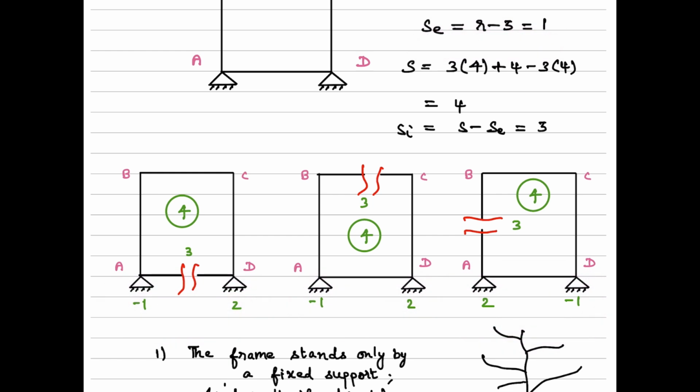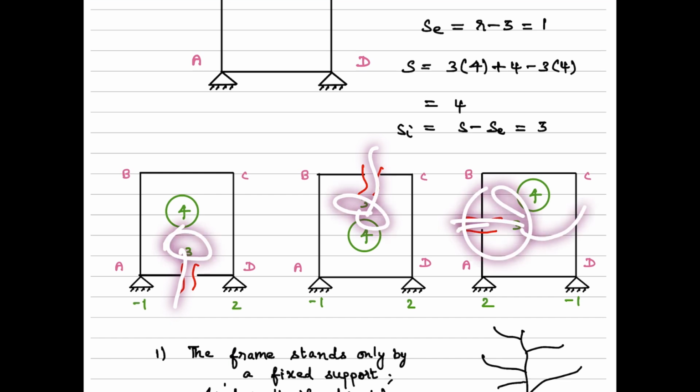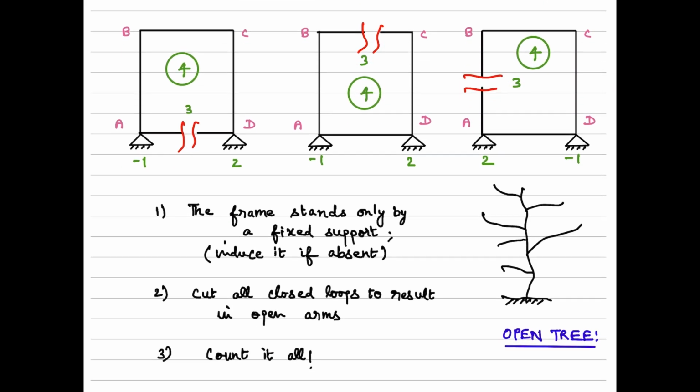Whereas for the number of cuts we introduce in terms of members, we need to count how many members we cut, and finally sum them up and multiply by 3. Here I just cut one member in each case, so 1 into 3 will give a value of 3, which tells me the internal indeterminacy. That's all. I hope it helps.